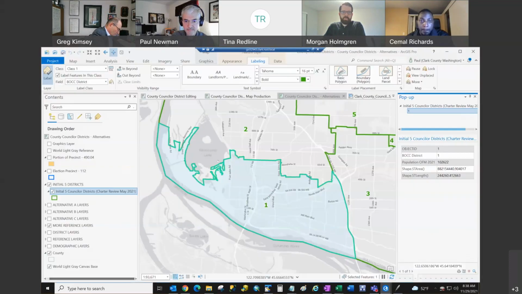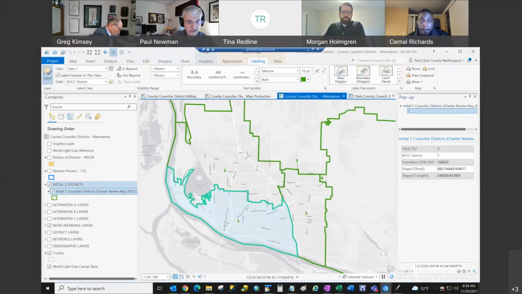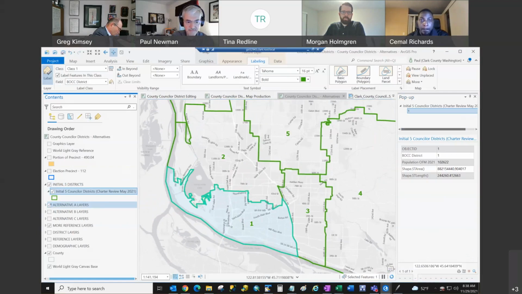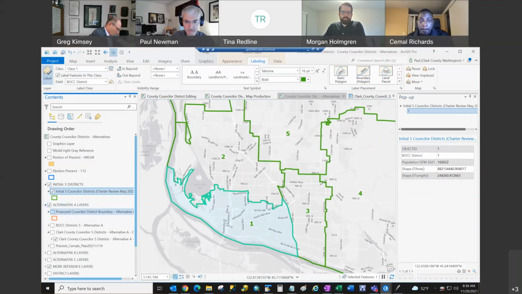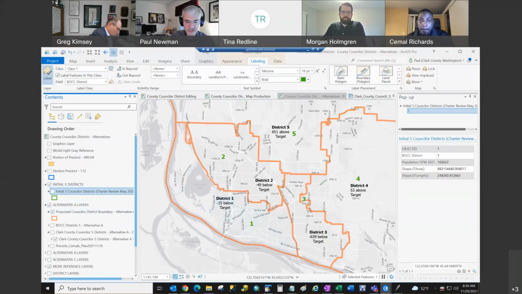Meaning that as we move to alternative A, we change to this boundary, it's much smoother, and the scores settle down and become a little bit more reasonable.